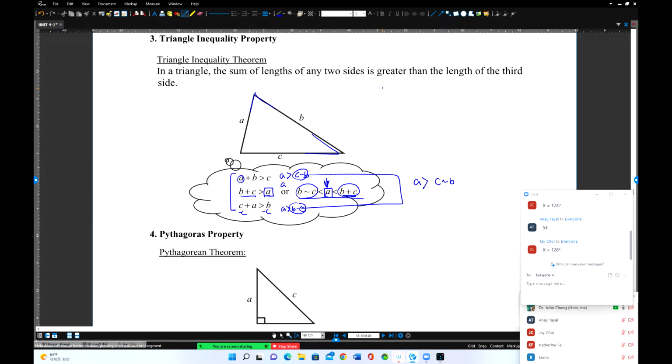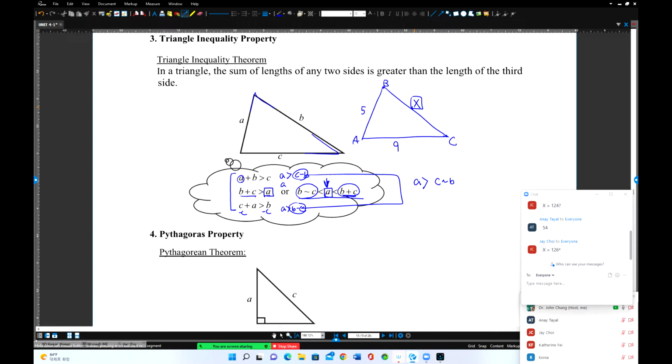For example, if this is 5, and this is 9, and this is x. ABC is a triangle. What is the possible value of x?